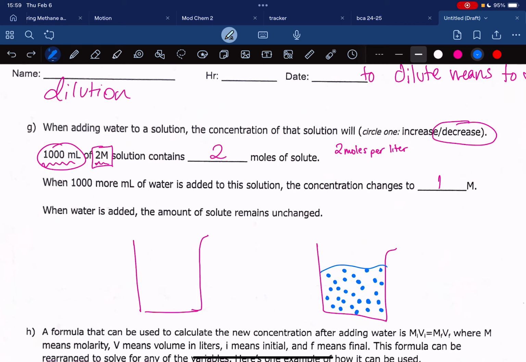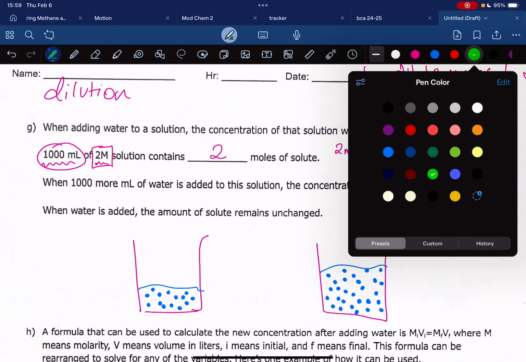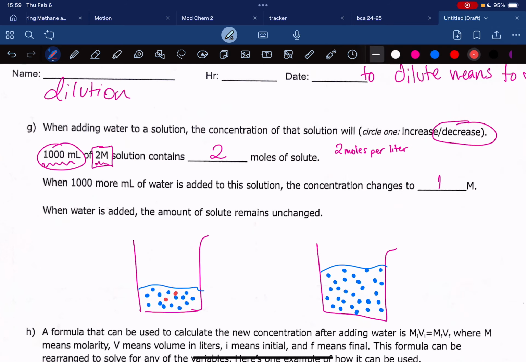Sorry if I'm confusing you right now. So we're going to have our water, our 1,000 milliliters of water in this beaker, and we need some solute as well. I'll do my solute in, how about this color? Okay. Are we cool with that being 2 molar? I just kind of put a random number of dots.